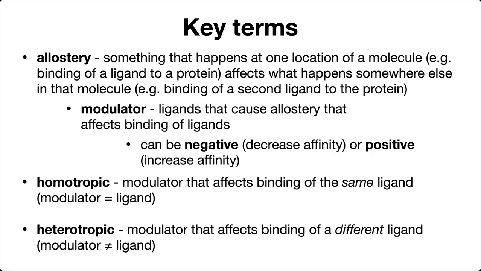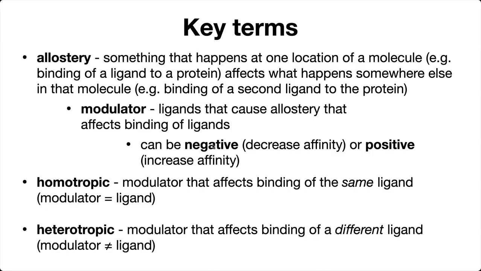Another couple words now. Modulator. When we talk about a modulator, that is a ligand that causes allostery that affects the binding of other ligands. So remember, ligand, that's just a generic word for a binding partner. And what we're saying here is that we have a binding site that causes allostery, so it causes some sort of change in the protein that affects the binding of something else.